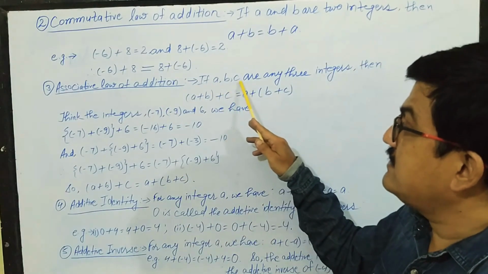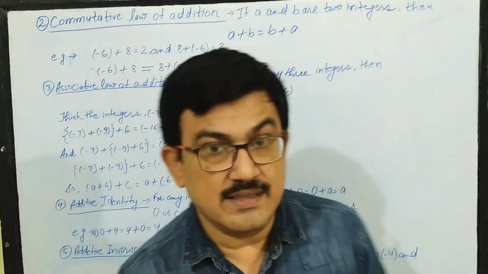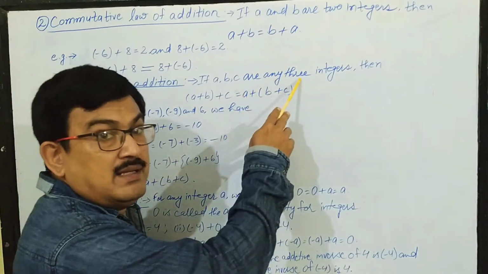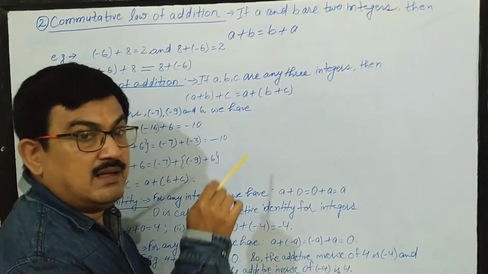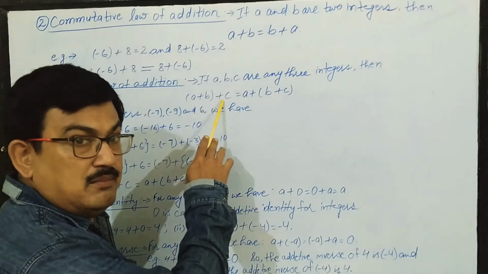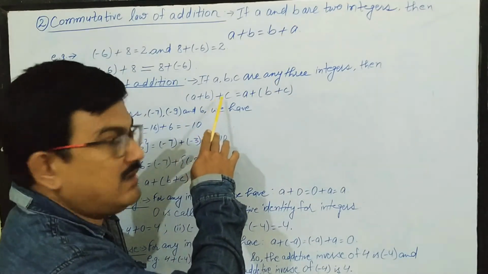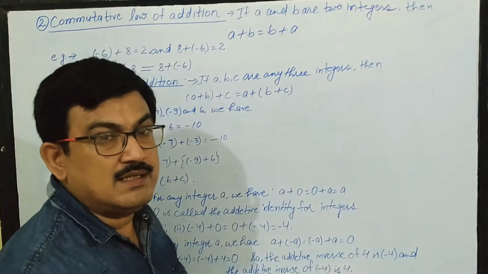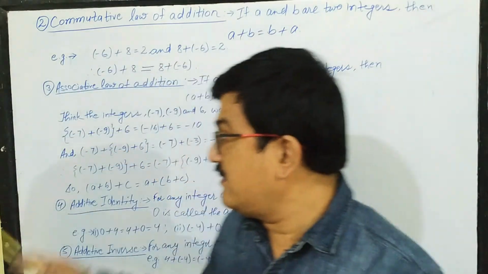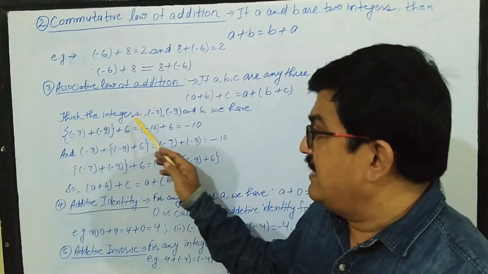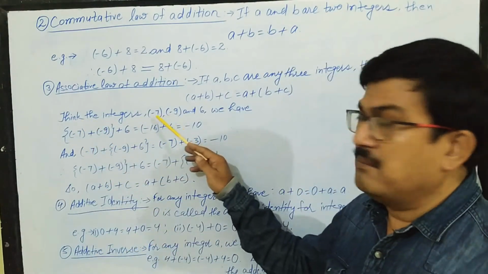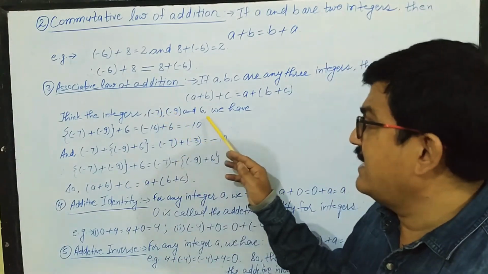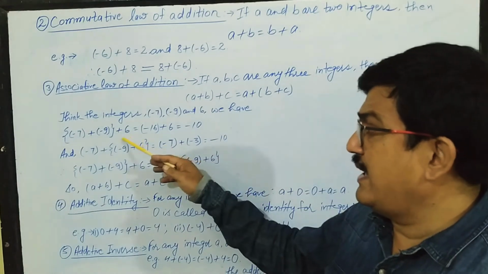If a, b, c are any three integers, then a plus b plus c is equal to a plus b plus c, grouped differently. Look at the example. You can take any integers. I have taken -7, -9 and 6. Let me add them.